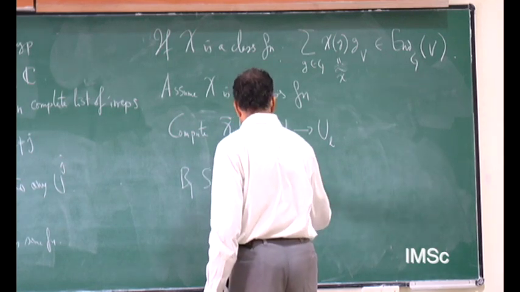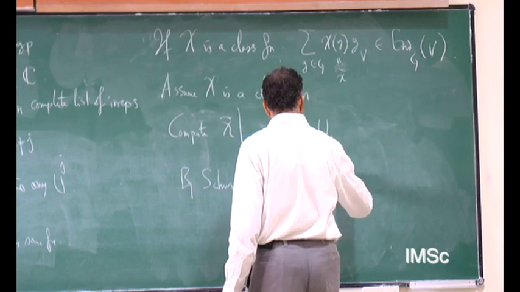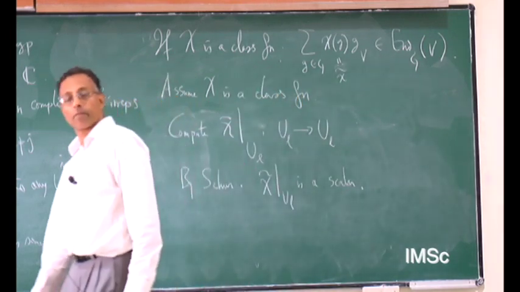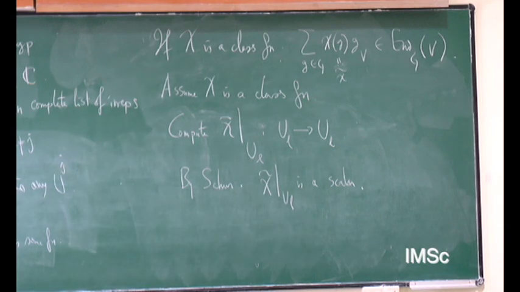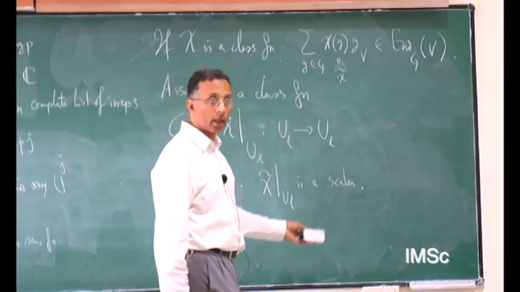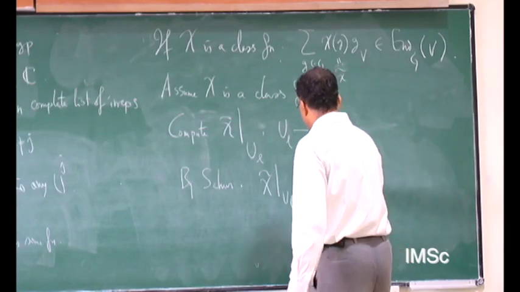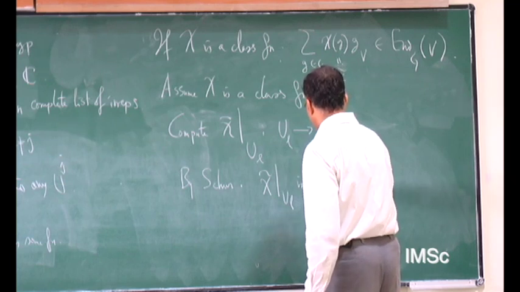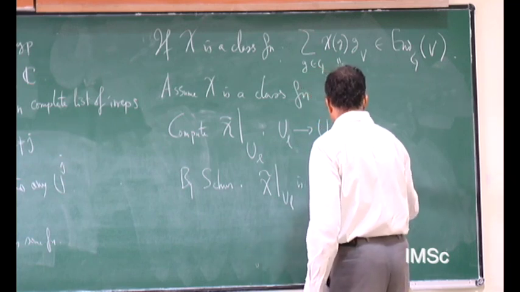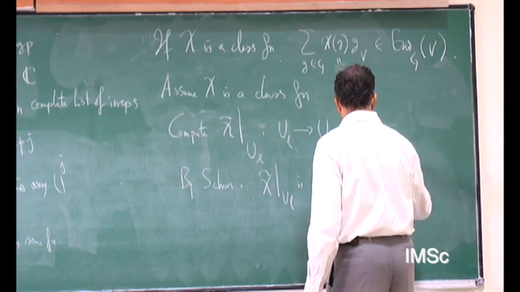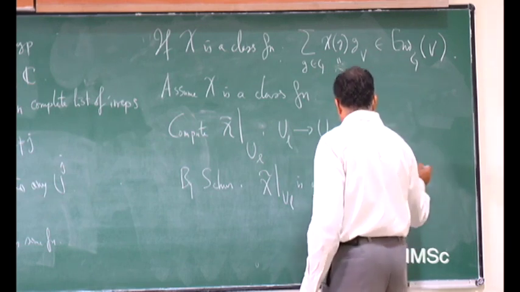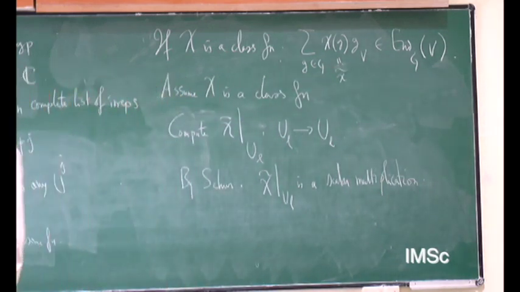U_L is G-invariant, and so by Schur, this is a homothety. This is a scalar multiplication. It's a scalar multiplication. Okay. Now we apply our usual method. Now I want to compute that scalar.